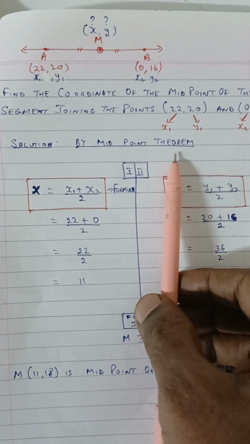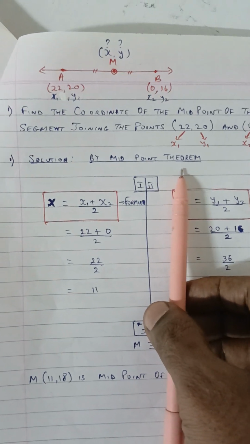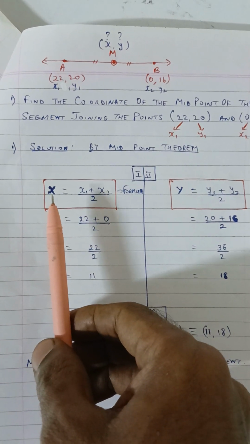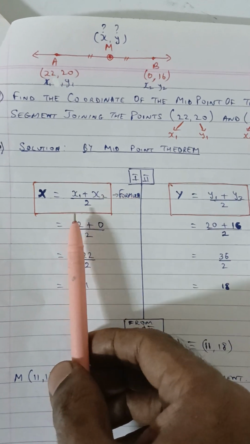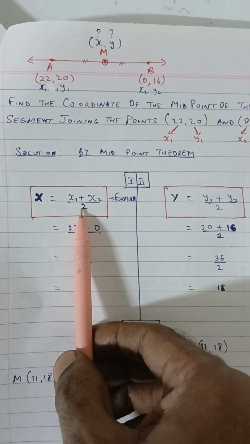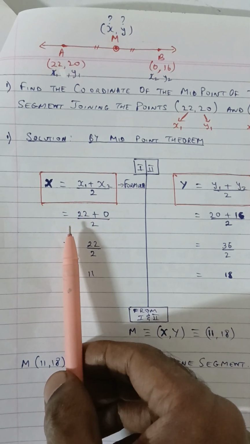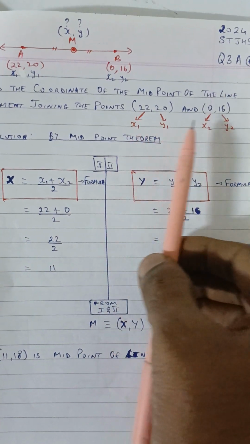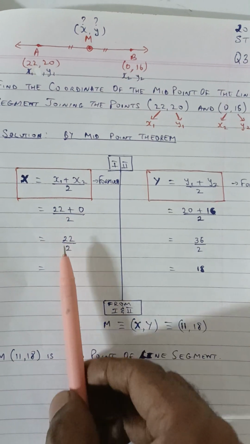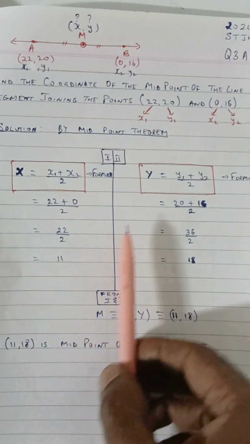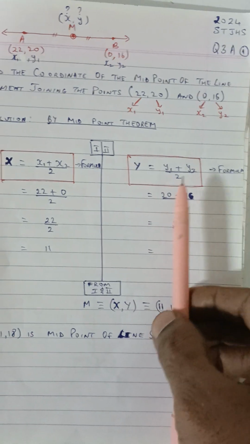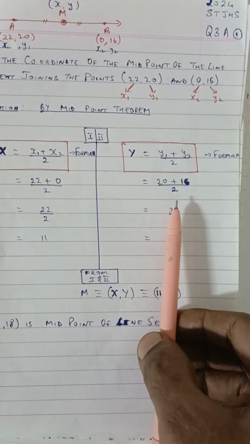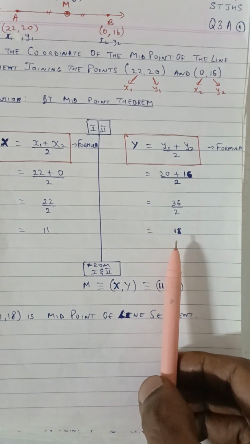Solution by midpoint theorem, or midpoint formula you could say. x is equal to x1 plus x2, the whole upon 2, formula. 22 plus 0, x1 and x2 upon 2, that is 11. y is equal to y1 plus y2 the whole upon 2, 20 plus 16 the whole upon 2, that is 36 upon 2, that is 18.